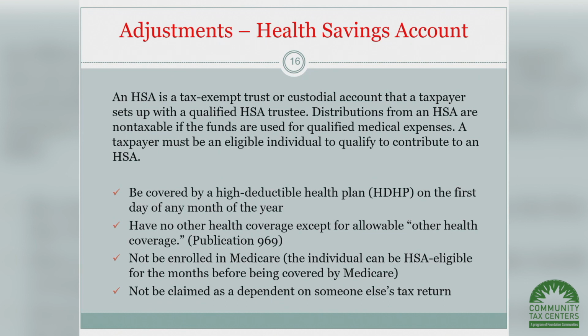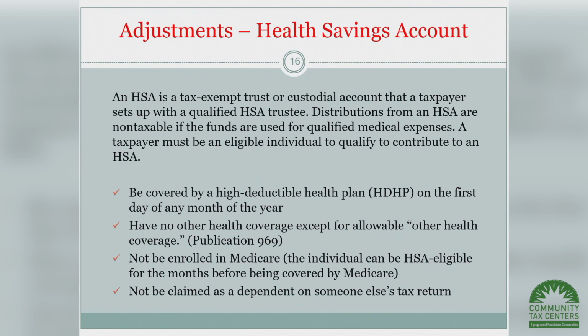Now, what is a health savings account? A health savings account is a tax-exempt trust or custodial account that a taxpayer sets up with a qualified HSA trustee. Distributions are non-taxable if the funds are used for qualified medical expenses.